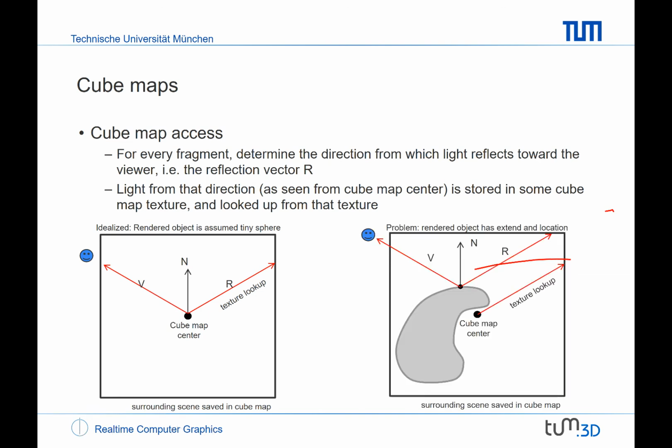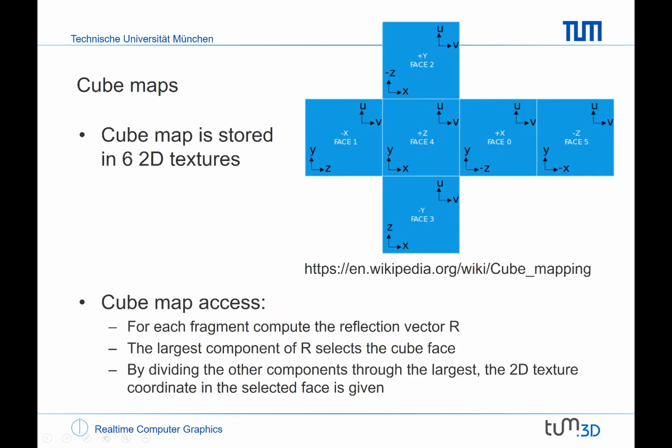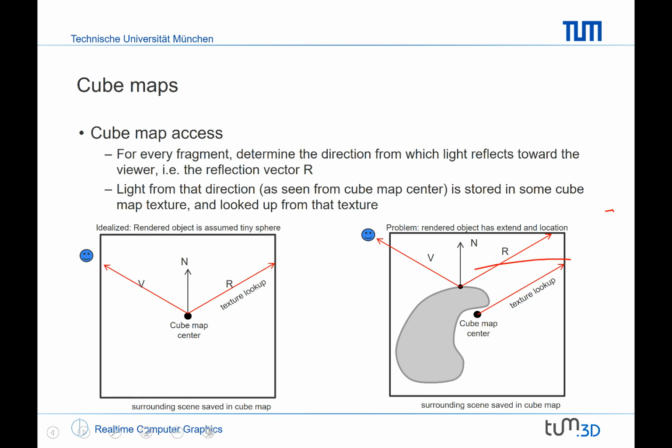Okay, so keep this in mind: for every fragment that is seen, we need the reflection vector, because that reflection vector essentially gives us the direction along which we find the environment point, which is reflecting over that point here toward the viewer.